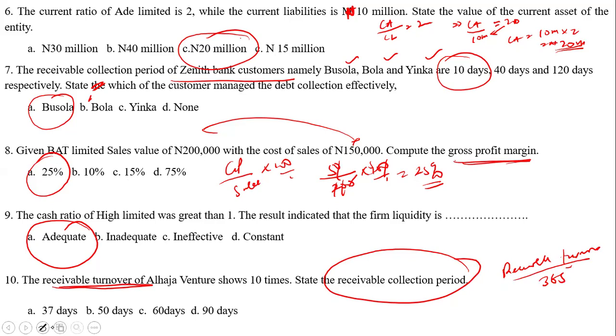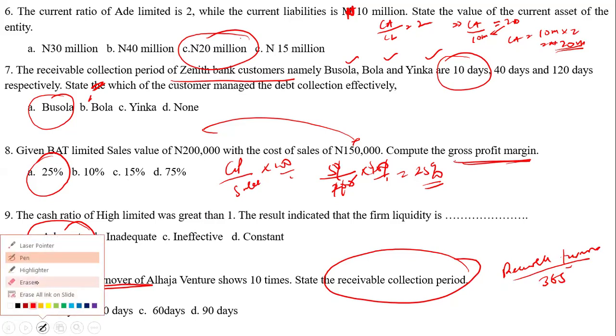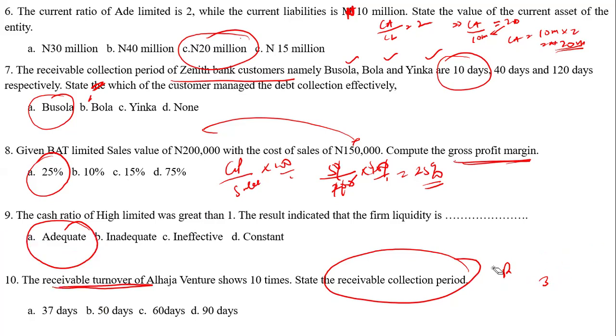Let's do it the other way around, because that will be giving us the wrong figure. We said it should be 365, because we are converting to days, divided by receivable turnover. So that gives us 365 divided by 10. And that will give us 37 days approximately. So our answer is 37 days.